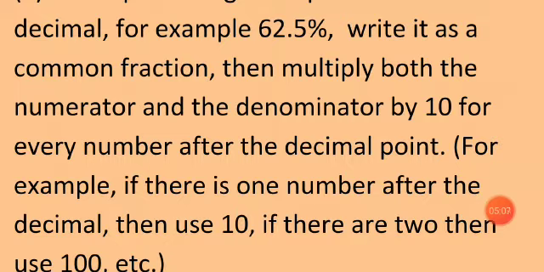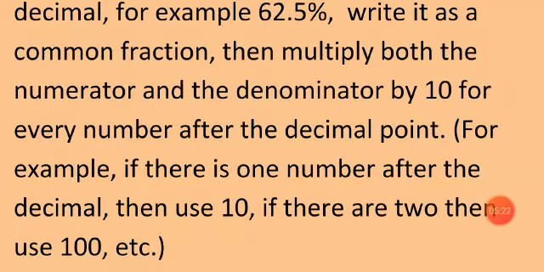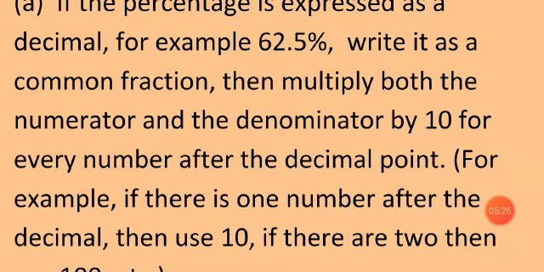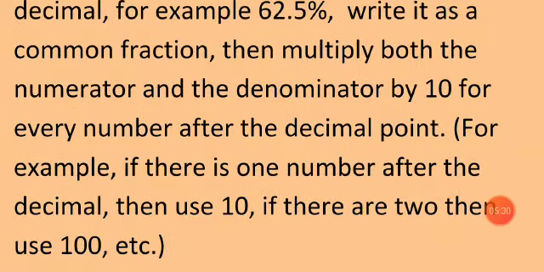So we will be multiplying the numerator and the denominator by 10, 10 having just one 0.